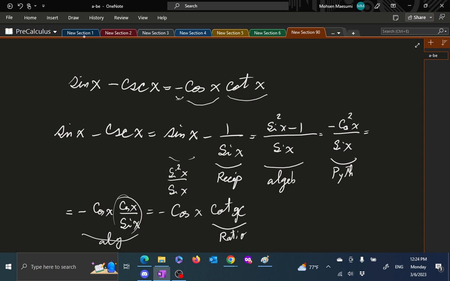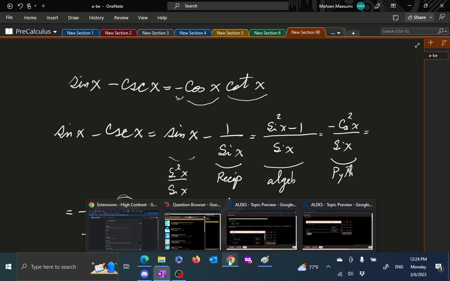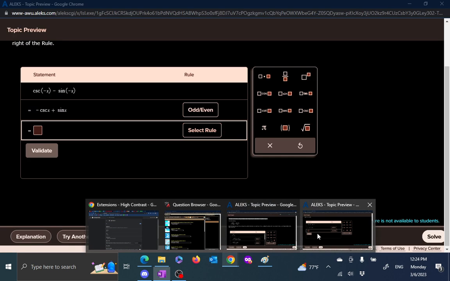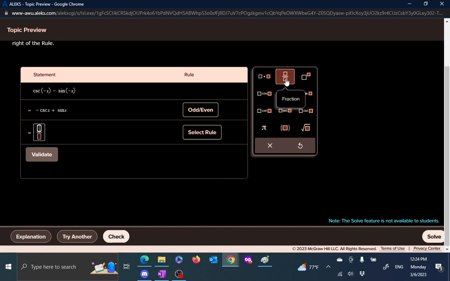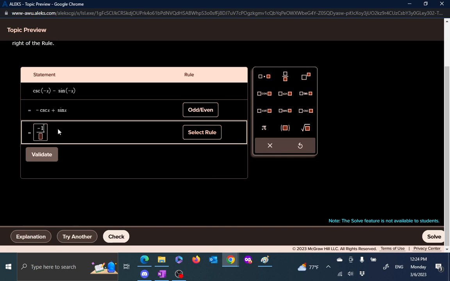So all that is left to do is to carry this out. And now let's go ahead and, where were we? Here, yes. Okay. So I write this thing as, I need a fraction, so minus 1 over sine of x, and then plus sine of x.